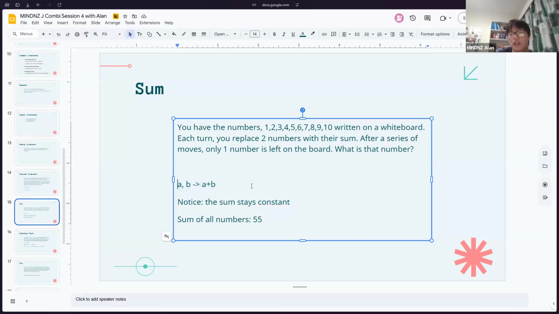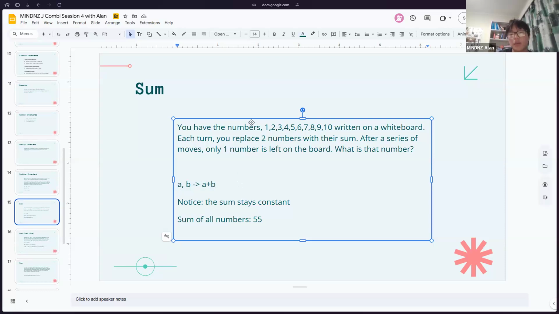And then we look at the sum. Originally, we have A and B. The sum of A and B is A plus B. And after that, we have only A plus B, which has a sum of A plus B, which means the sum of the variables involved in our operation will be constant, right? This means the sum of all the numbers on the whiteboard will be constant.